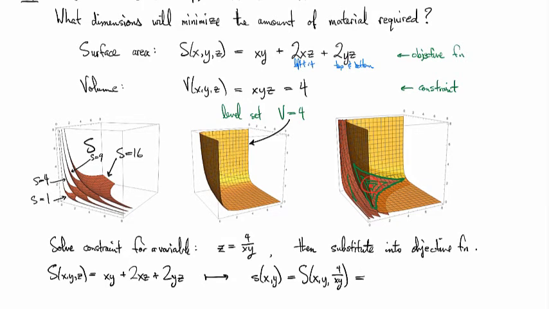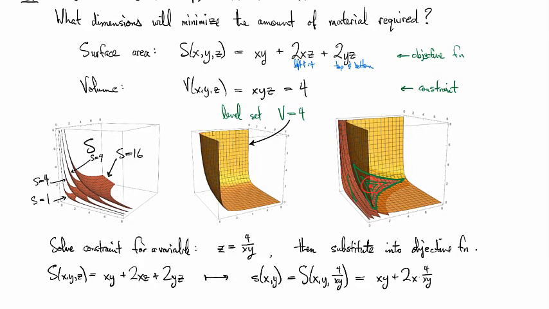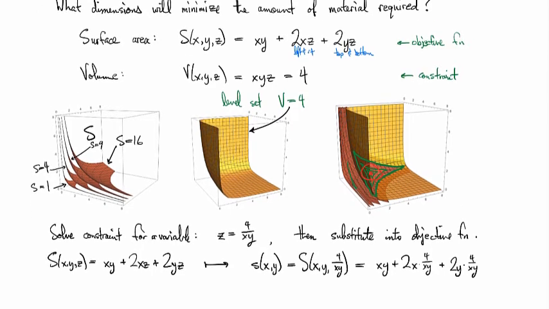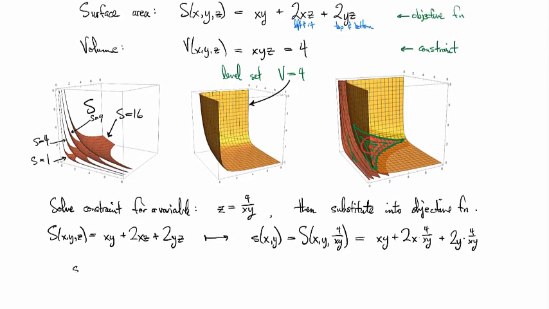So if I put 4 over xy in for z everywhere it appears, we've got xy plus 2x times 4 over xy, and then 2y times 4 over xy.